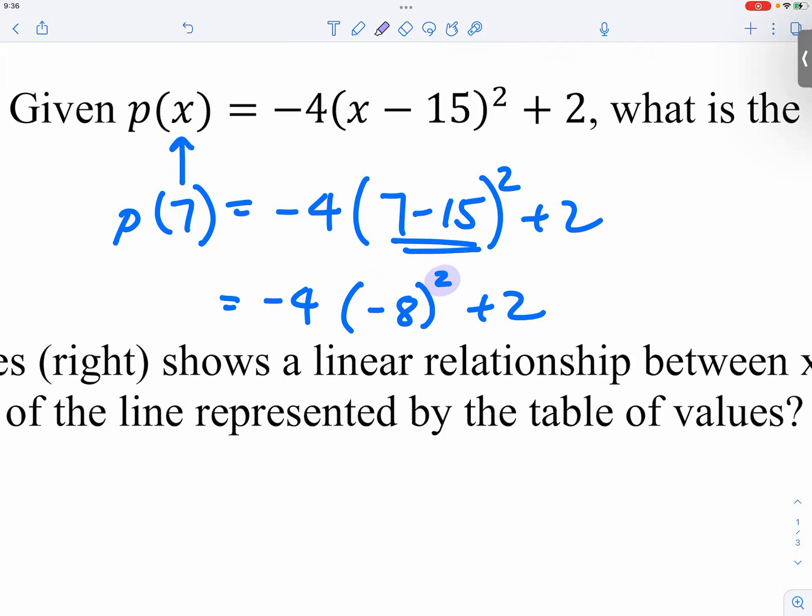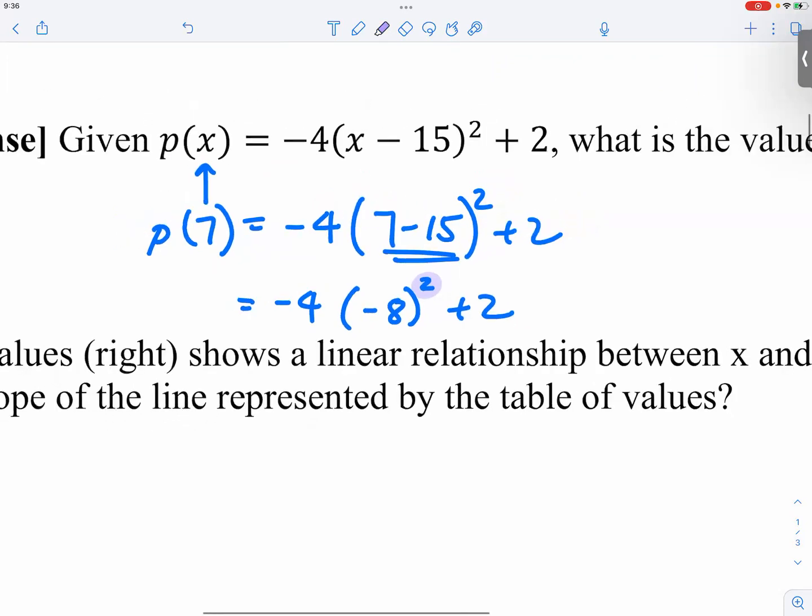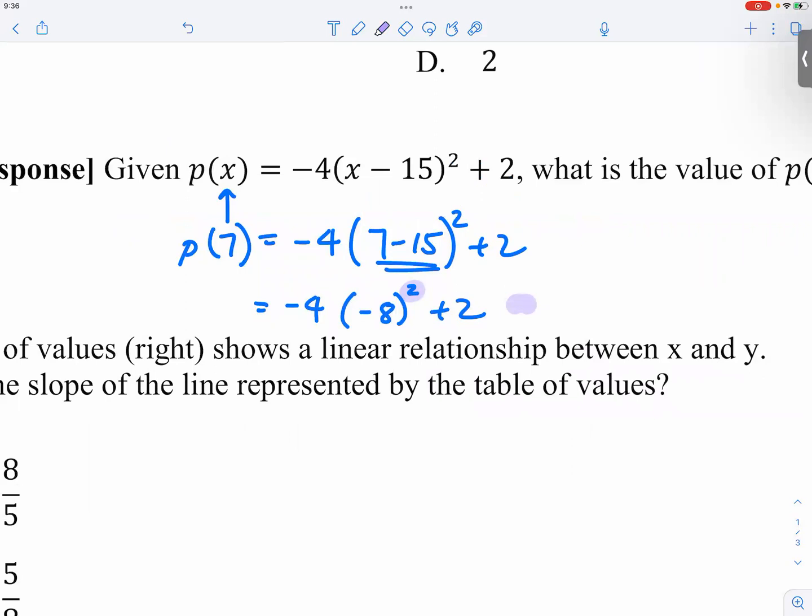That means it is negative 8 times negative 8, which gives you positive 64, not negative, because negative times negative becomes positive. So when people say math is hard, it's all about, do you know what you're reading and what you're writing? And by the way, show good notations. If you don't show good notations, you're going to hurt yourself.